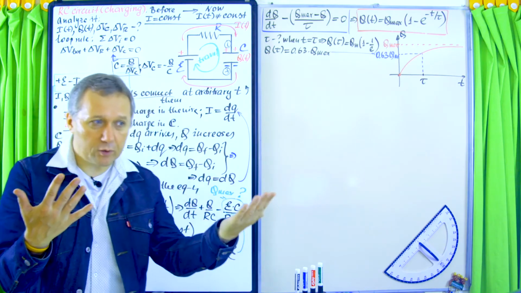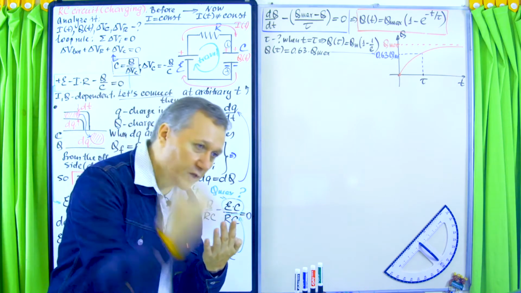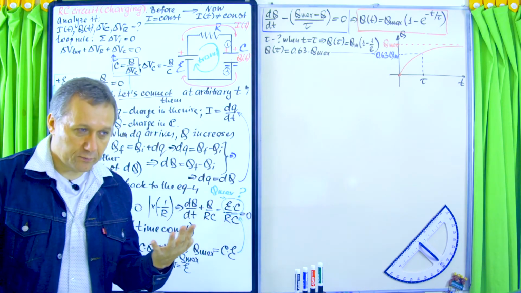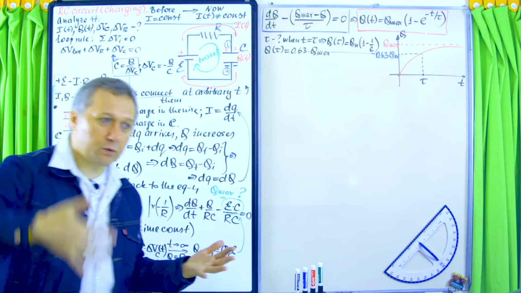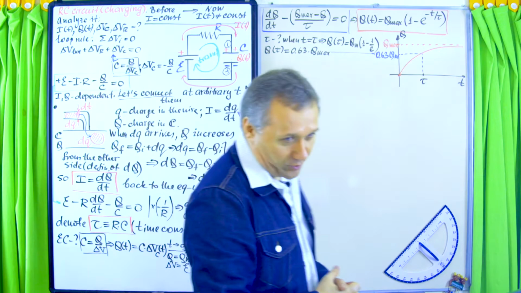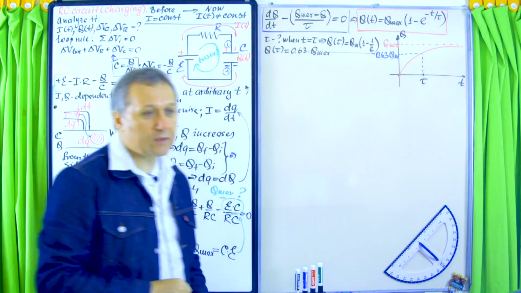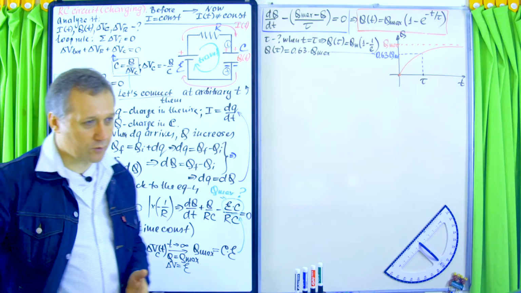The smaller the time constant, the faster the capacitor is going to be charged or discharged. Of course, the longer the time constant, the longer it takes for the capacitor to get charged or discharged. Right? That's how you can use the time constant.